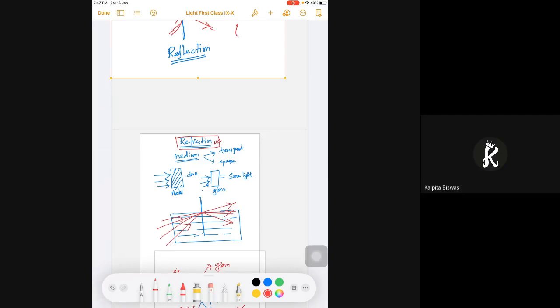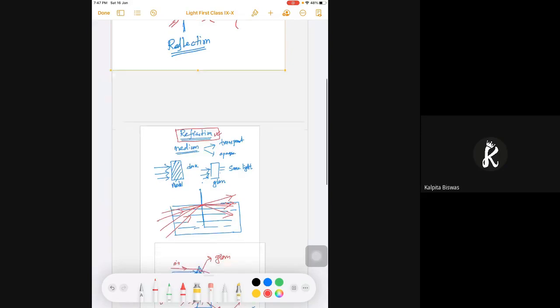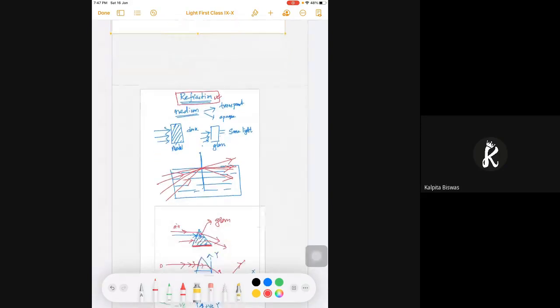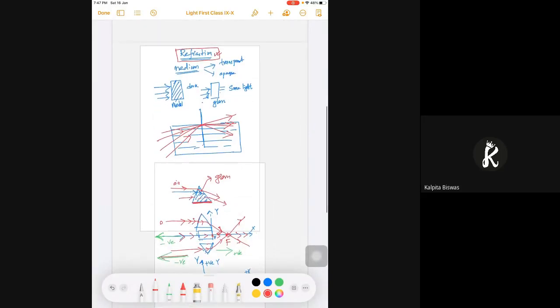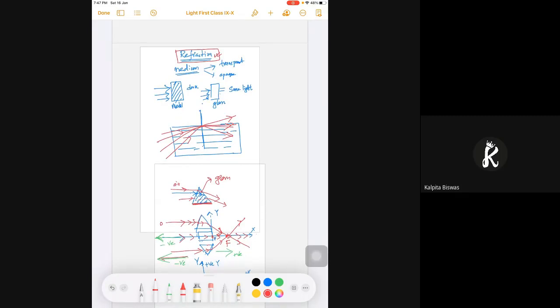And when it comes to, there are two main properties, reflection and refraction. Reflection, as we have seen on the mirror or any kind of glass or any surface of the water, we see the light reflects. For refraction, we are giving an example of an aquarium.